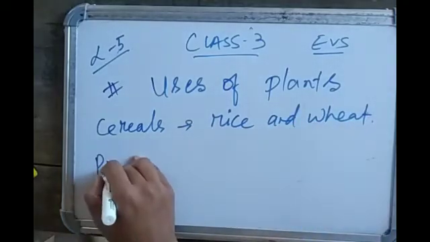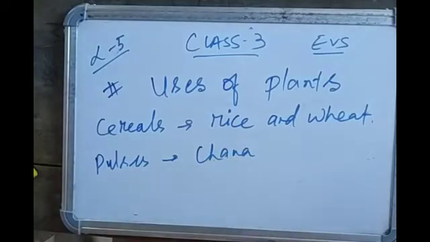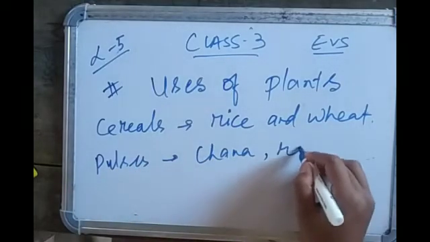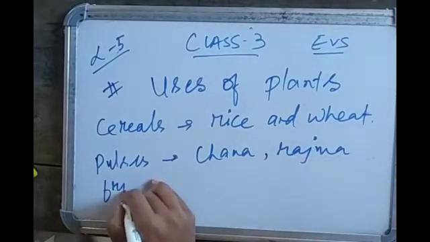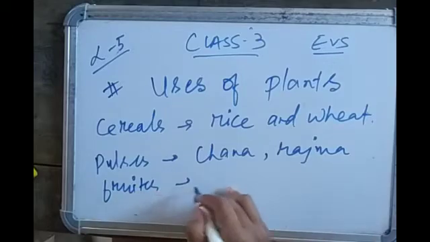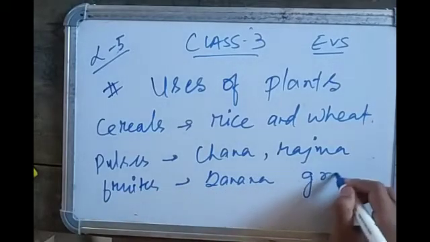Then pulses: chana and rajma. Then fruits: we get banana from plants, grapes also we get.